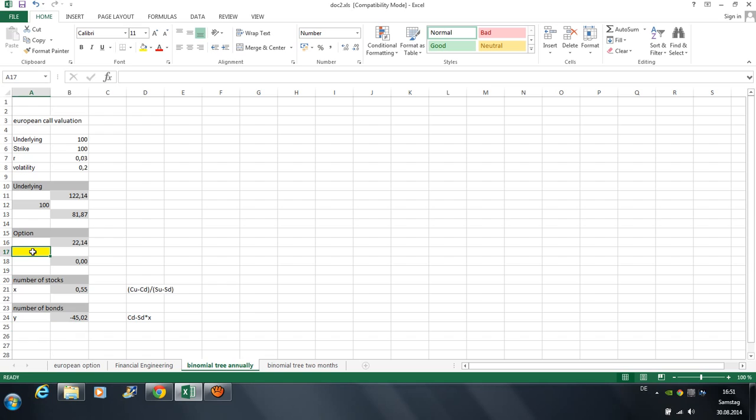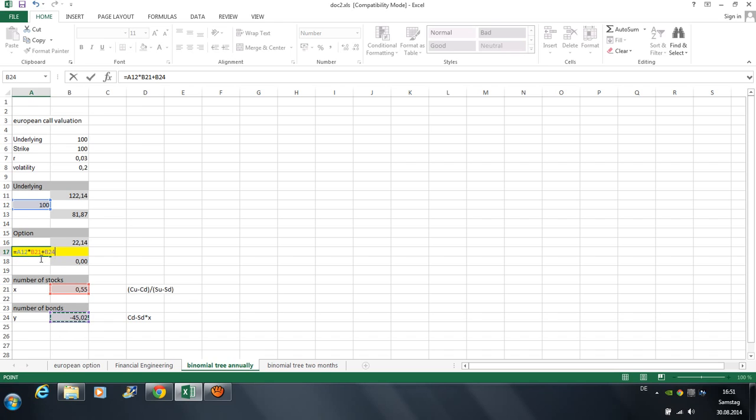Now what we basically want to do is calculate the option price, and we do that with equals, and we'll use the underlying here times the number of stocks we bought, which is 0.55. Then we also add the number of bonds we shorted, which is this amount, but that's the value of the bond at the end of the year, and we have to calculate the value of the bond at the beginning of the year.